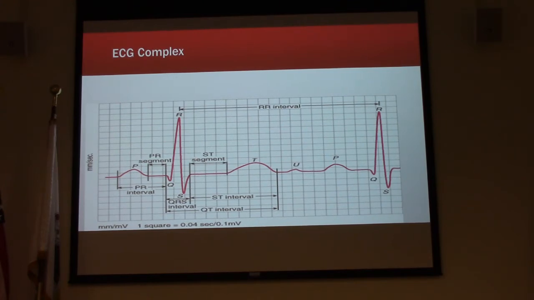Where we get really worried is when we start to see a prolonged QT interval. This area gets longer and longer until sometimes our QRS complex hits on our T wave and we have what we call R-on-T phenomenon, and a patient may go into VFib at that point.